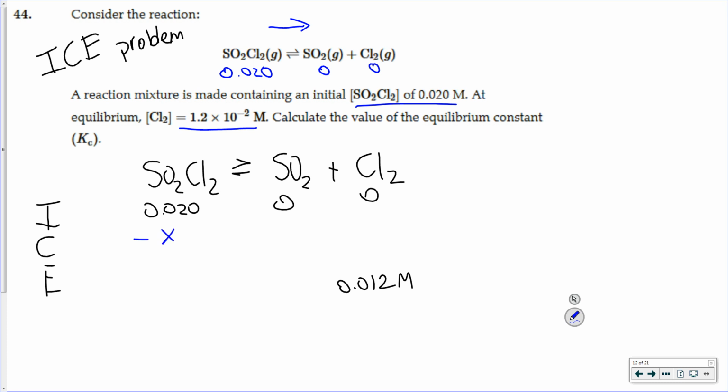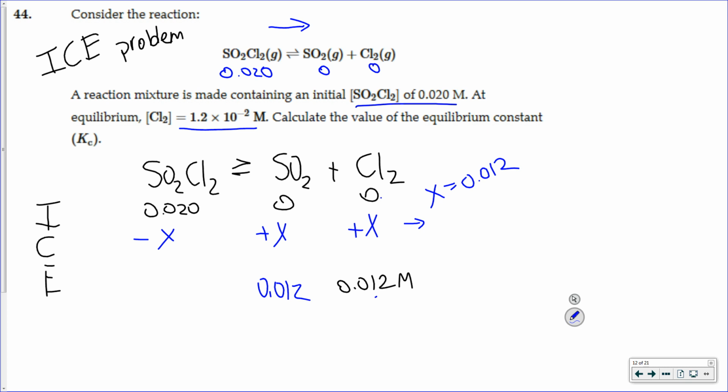This is a minus X, this one's going to be a plus X, and this one's going to be a plus X. It went from 0 to 0.012. That tells me that X is equal to 0.012. So that means I know the concentration of the other product is 0.012, and I know how much of the reactant is left over.